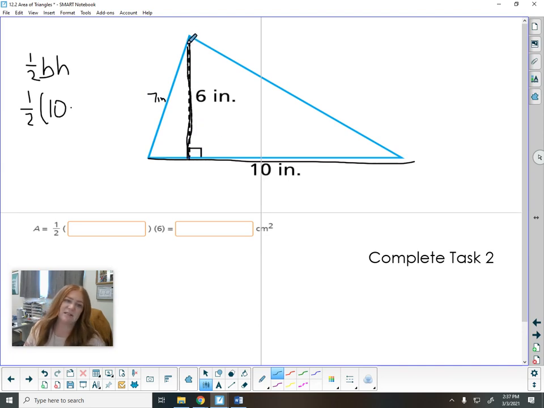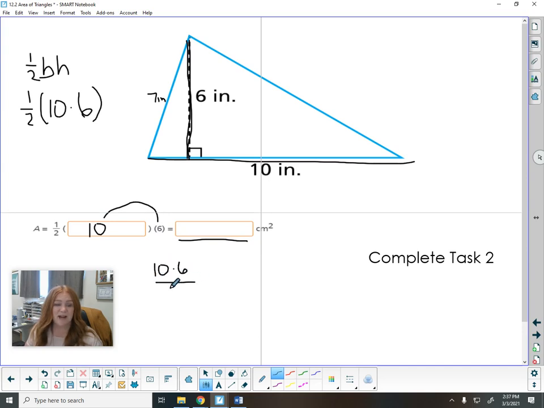The height goes straight up and down and is 6. So half of 10 times 6 is what? We're going to do 6 times 10, then divide that by 2. That will tell us the square inches of this triangle. So go ahead and complete task 2 and come back when you're ready to do task 3.